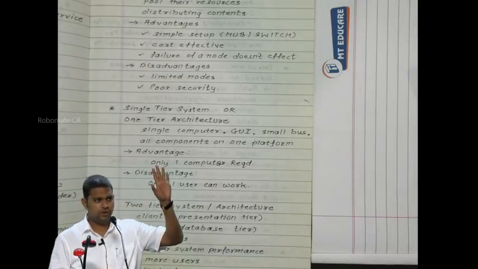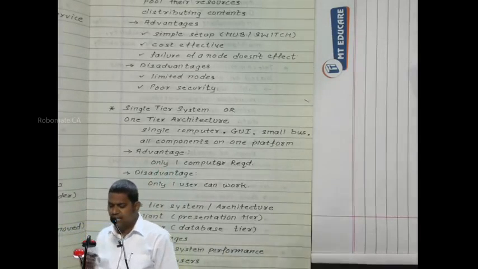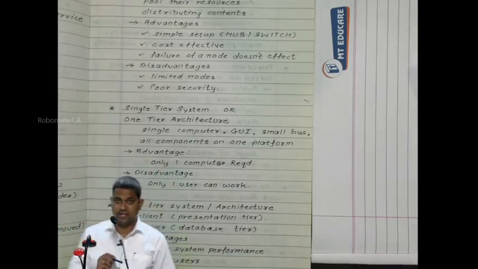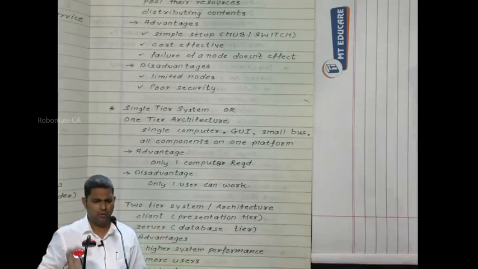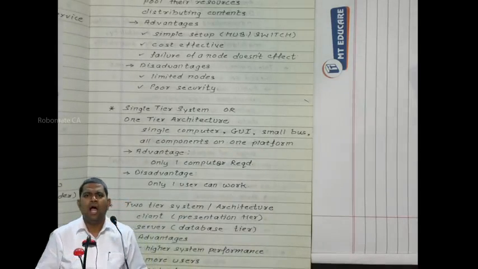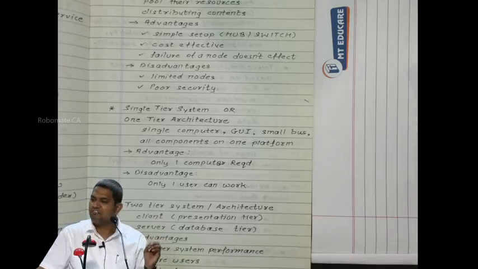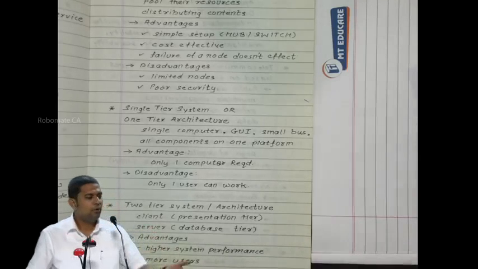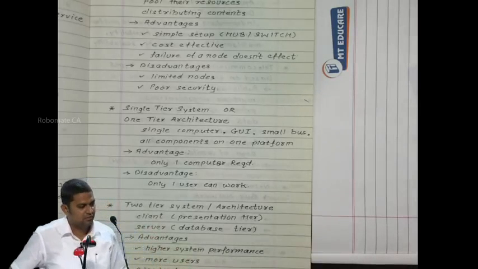This single tier architecture, or one tier architecture, will have only one computer. As we had seen in that example, there is only one computer, and it may have a very user-friendly graphical user interface, because there is no technical person who will be handling this computing service.